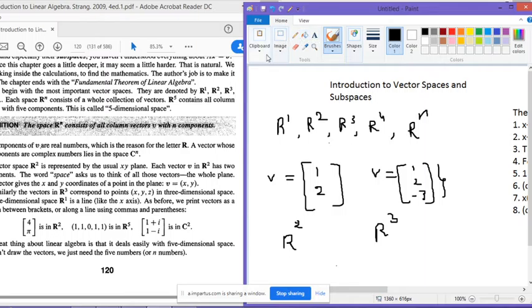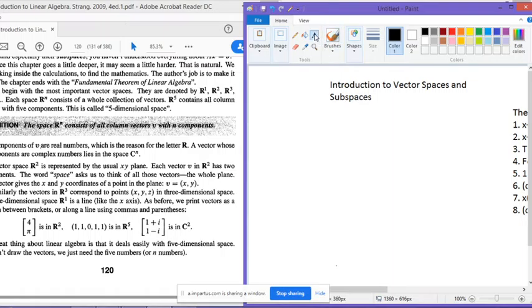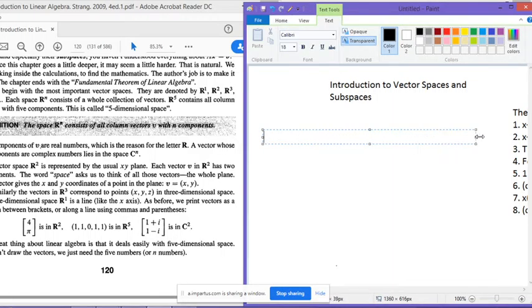Let me clear this, and then I'll write the definition of the space. The space R power n consists of all column vectors V with n components.